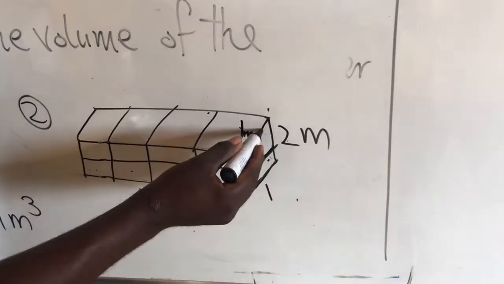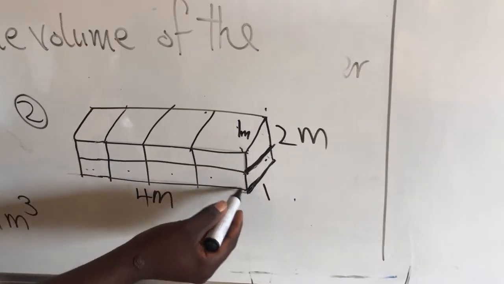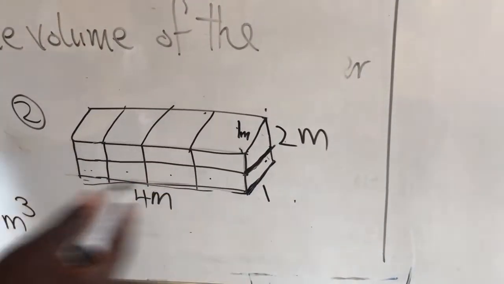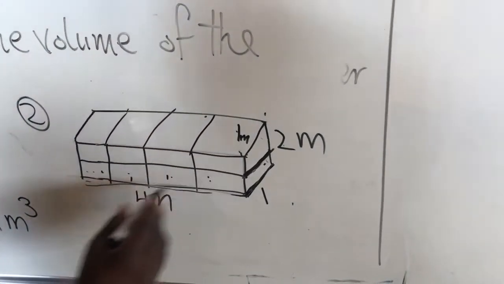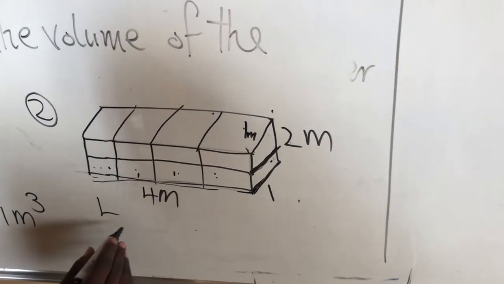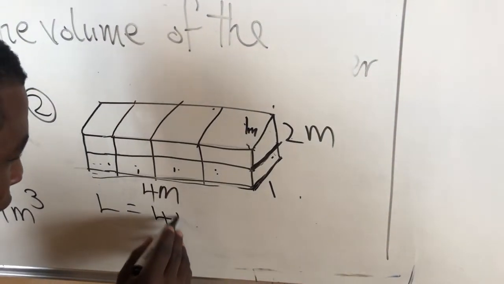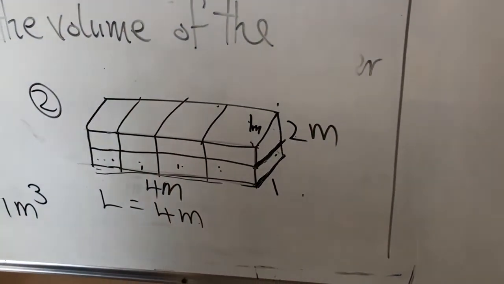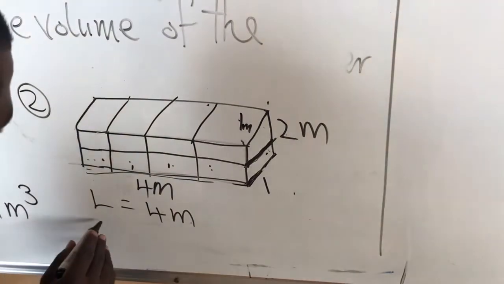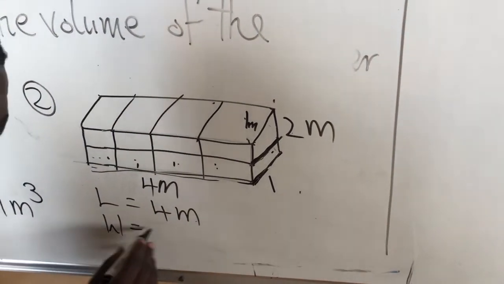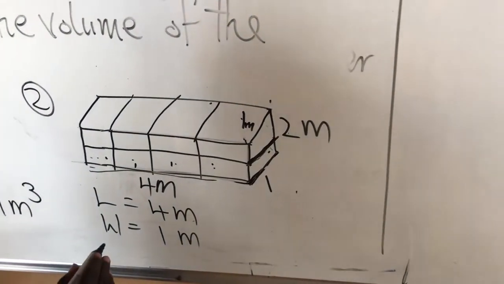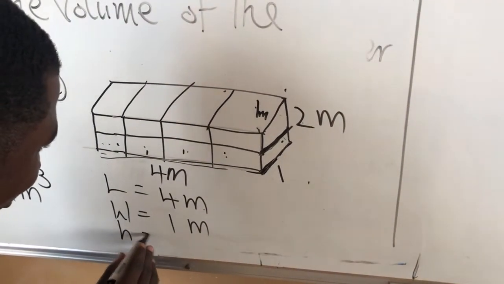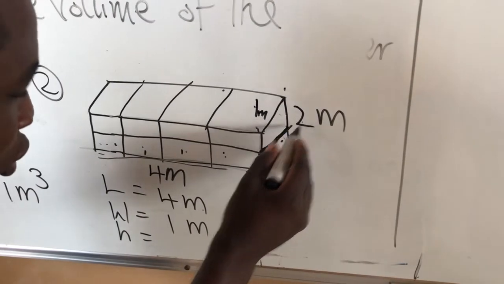So this is the height, this is the width, and this is the long side, which is the length. So the length is equal to 4 meters, the width W is equal to 1 meter, and the height is 2 meters.